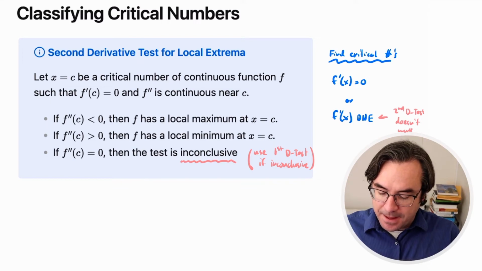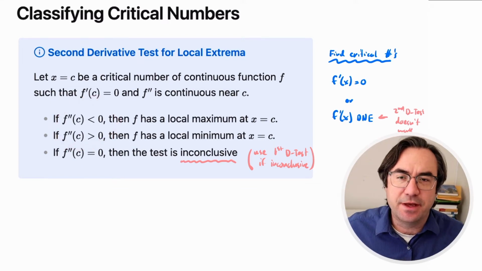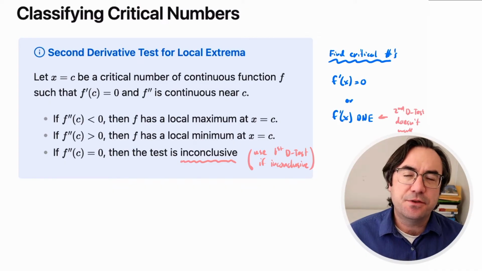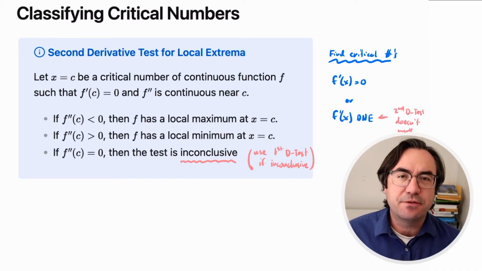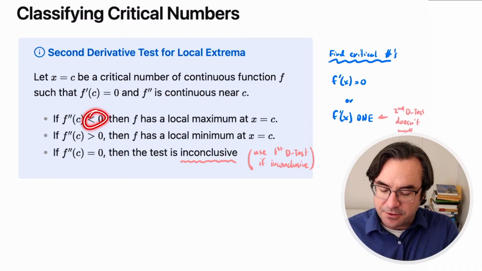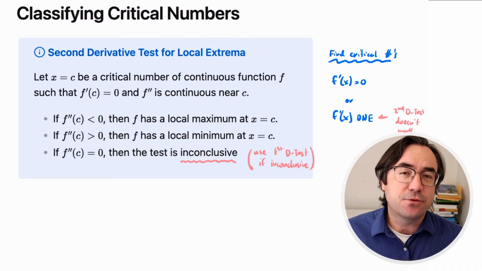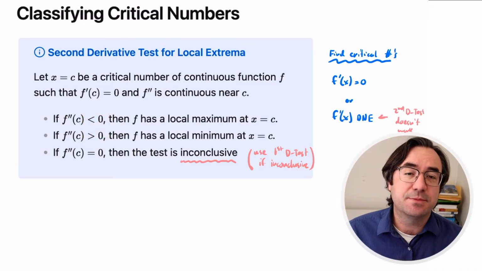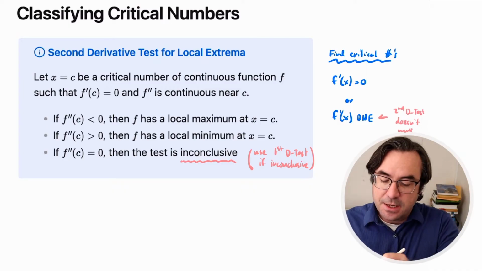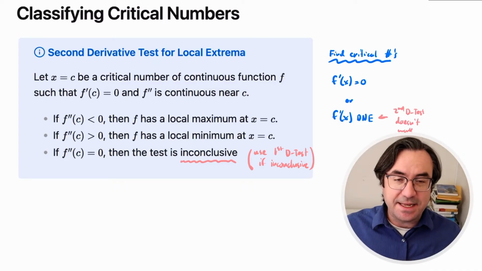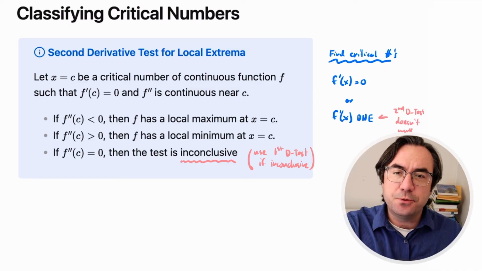All right, so what's a way to remember this? If we think about what the second derivative tells us, when we're talking about being either negative or positive, the second derivative is telling us about concavity. So when we do this test, we're going to relate it back to concavity.